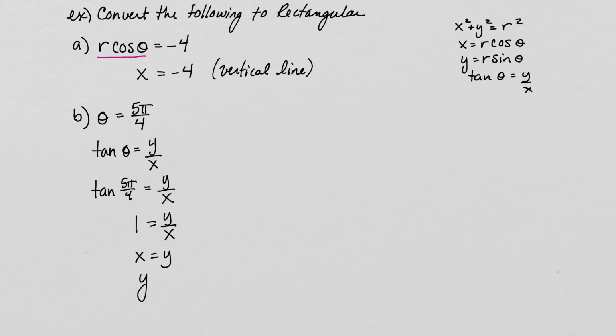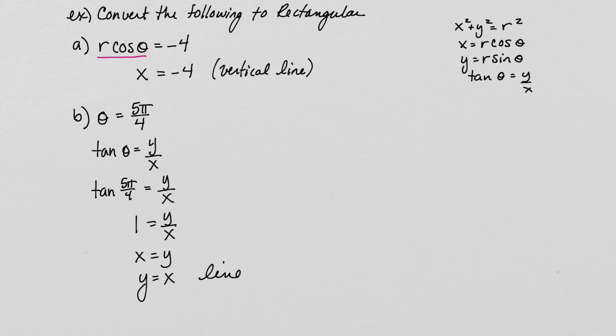You could write it with y on the left-hand side, y equals x. And what type of graph is y equals x? It's a diagonal line.